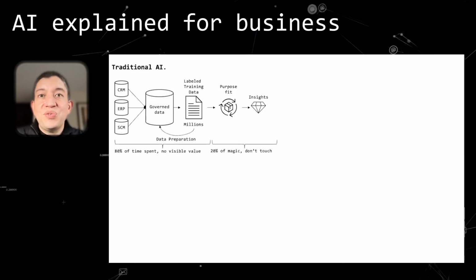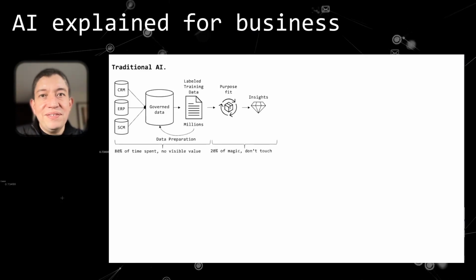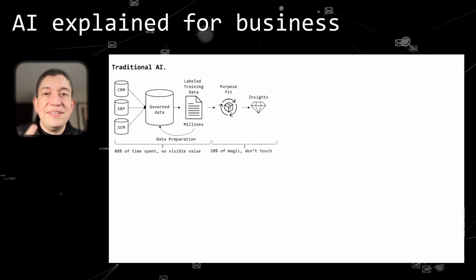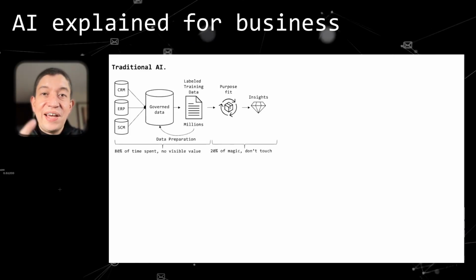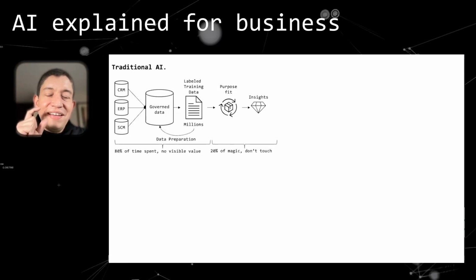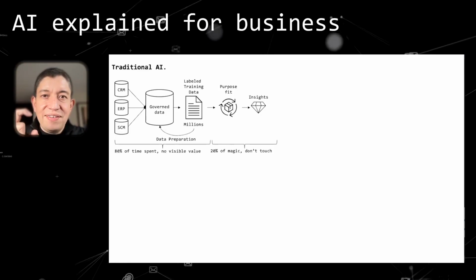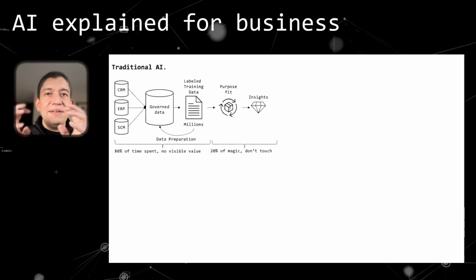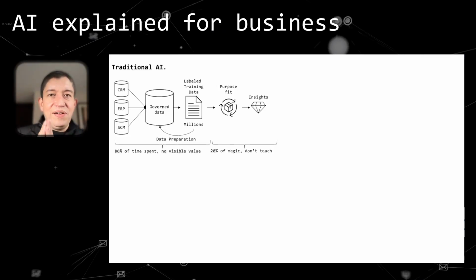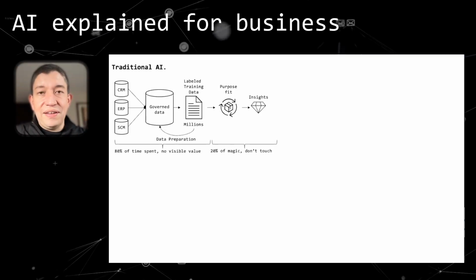This is where the 20% of the effort was spent and where the value was, the magic was generated. As you can see here, the process of training this model was very purpose fit. So your data was very dependent on the usage that you were intending.